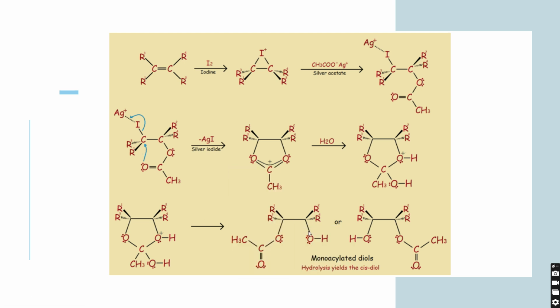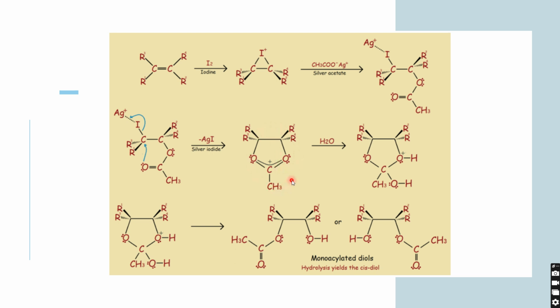The coordination of Ag+ and iodide was already present in the previous step. So as soon as the carbonyl group attacks the carbon, this bond breaks and a new bond is formed between the silver cation and iodide. This is how we get the silver iodide byproduct and the five-membered carbocation intermediate.